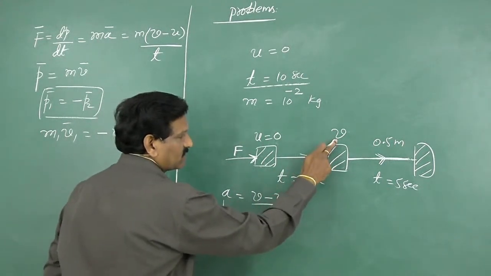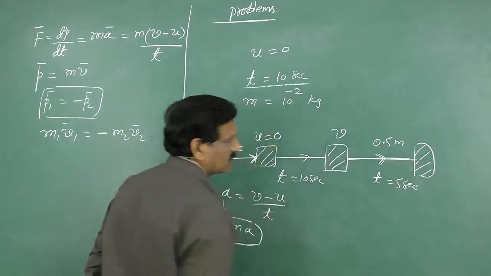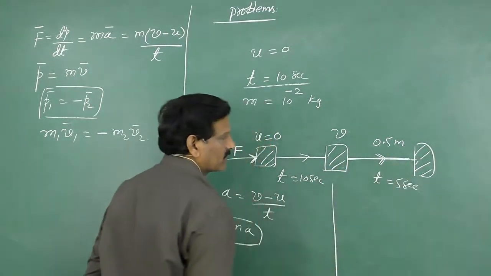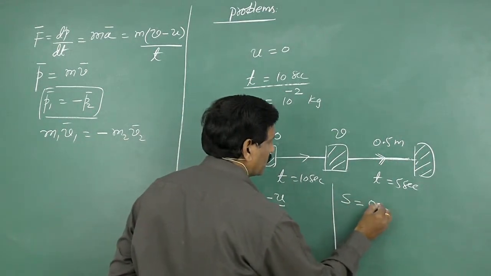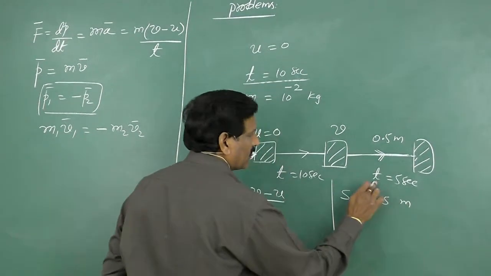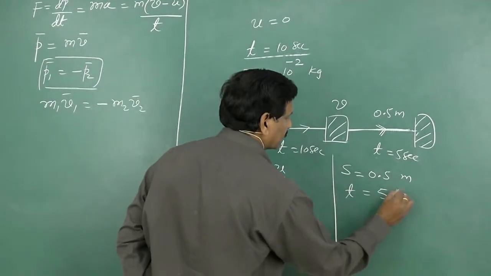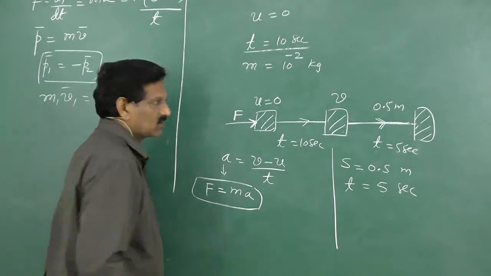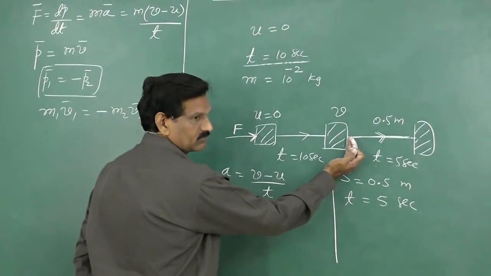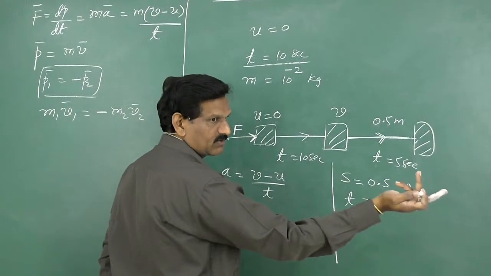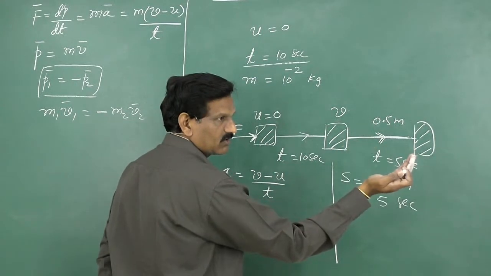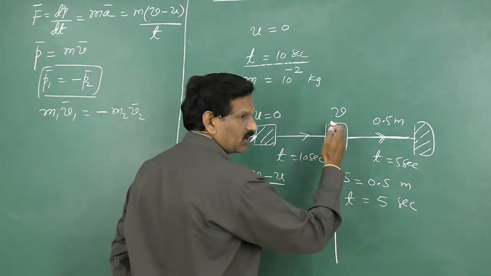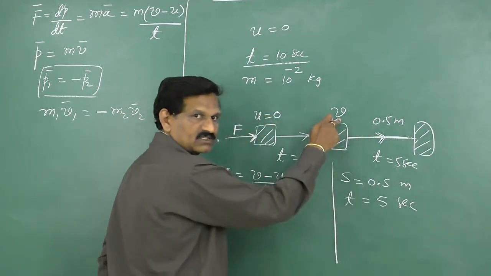To find velocity, you take this data. So if you take this journey, here s is 0.5 meter and time is 5 seconds. Since there is no force, there is no acceleration. When there is no acceleration, change in velocity is 0. That means the body continues with the same velocity v.